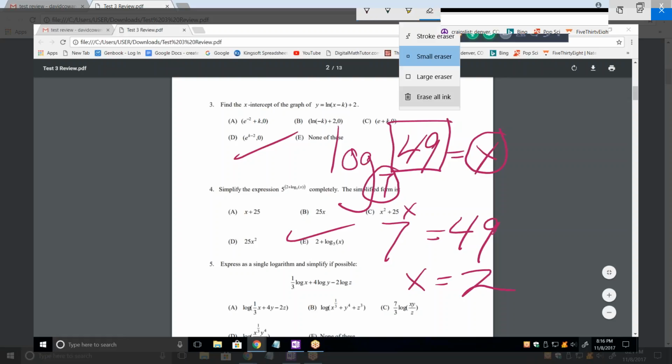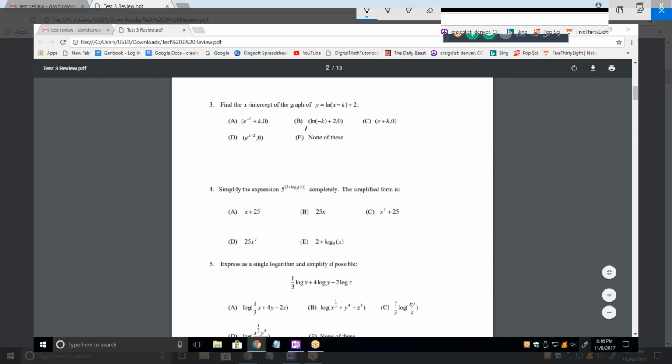Okay, let me give you another one. Put that in exponential format. What's the number on the far left? 10.